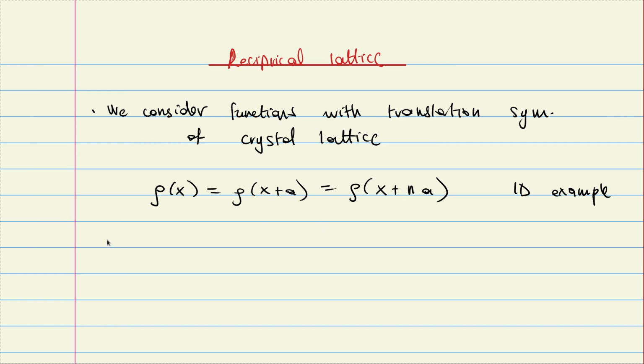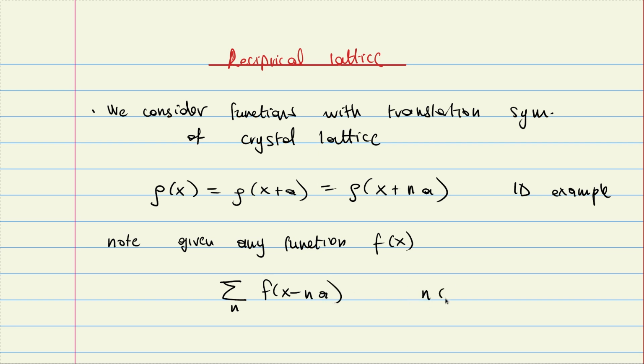A small note: given any function f of x, which could be, for example, atomic density, the density of a localized atom on the crystal lattice, we can form a periodic function from this by periodically shifting over all possible lattice sites. So this is going to be f of x minus na, where n is an element of lattice sites.